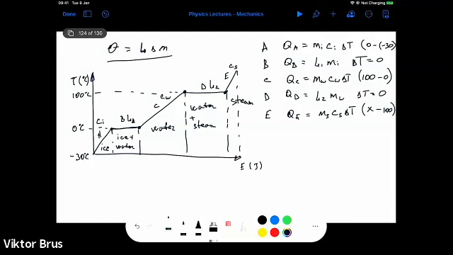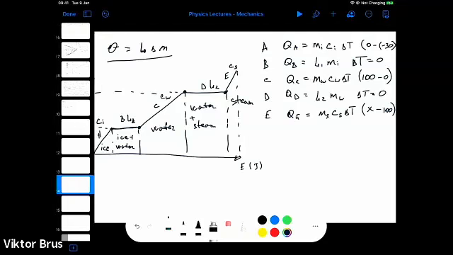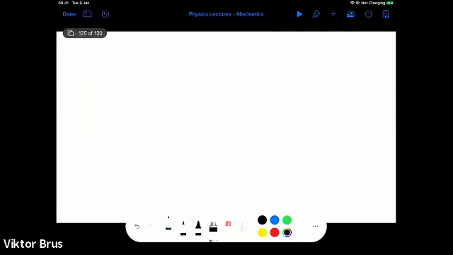Okay, so next what we want to consider will be work and heat in thermodynamic processes.